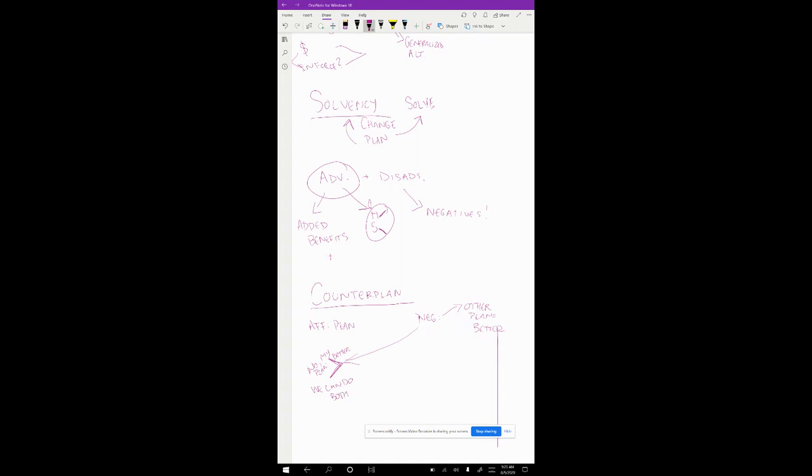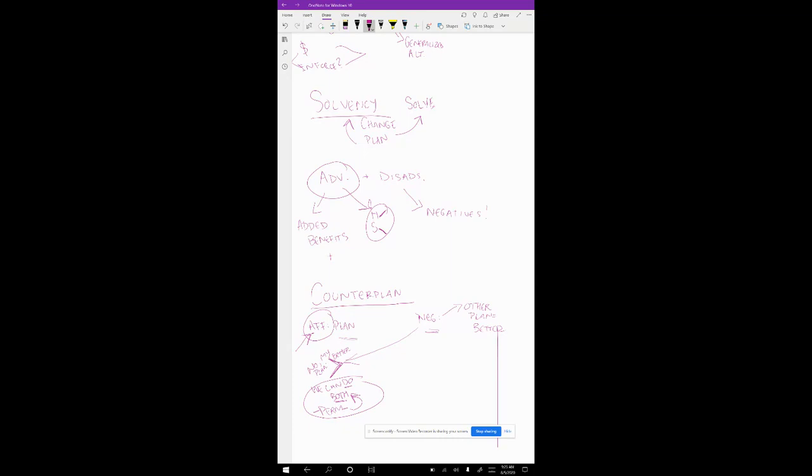And if you're doing both, that means you're going to do this plan, which means you are affirming the resolution, so you win. When you say we can do both, that's called a perm or permutation. So if I say perm, do both, I'm going to affirm the resolution because I'm going to affirm by doing this plan, but I'm also going to just do this other added thing.